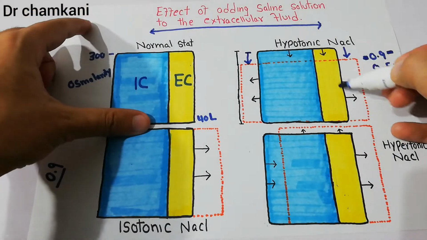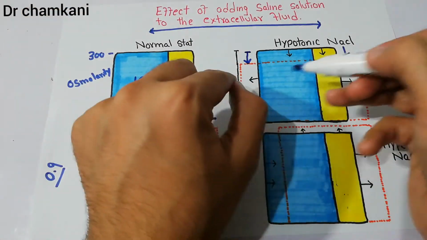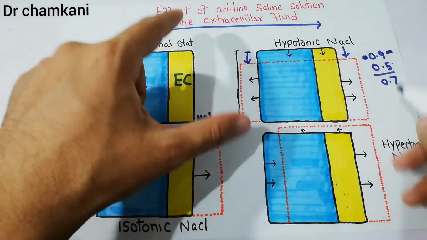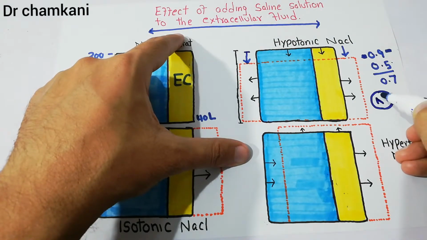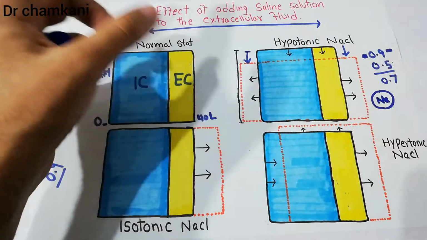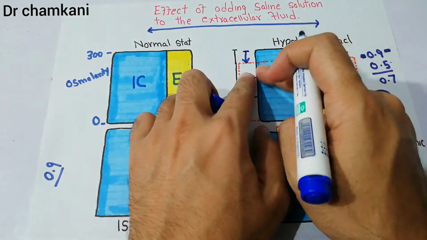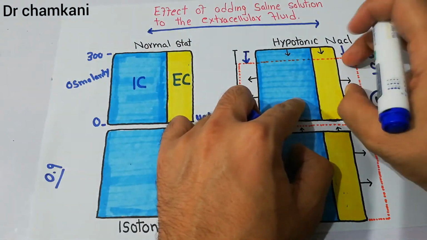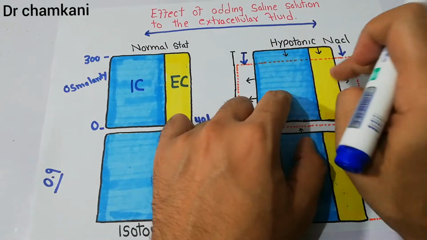Because initially it distributes in the extracellular fluid, but some of this fluid then goes into the intracellular fluid as well. Here we consider that the cell membrane does not allow the movement of sodium and chloride. Sodium and chloride are not moving here and there, only movement of water is occurring. So if the sodium chloride in the intracellular fluid remains the same and cannot cross the cell membrane, and extra fluid has been added, that fluid will start entering the cells.